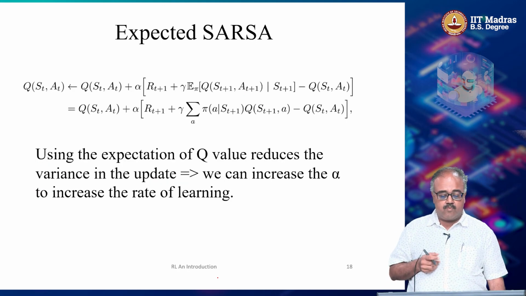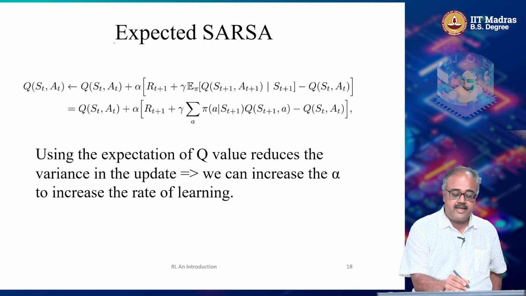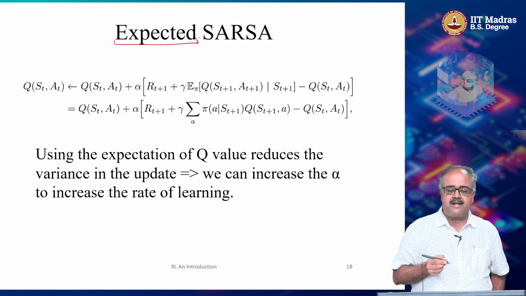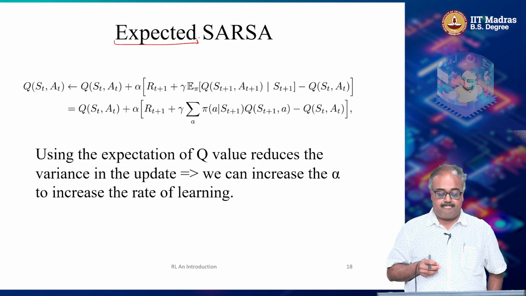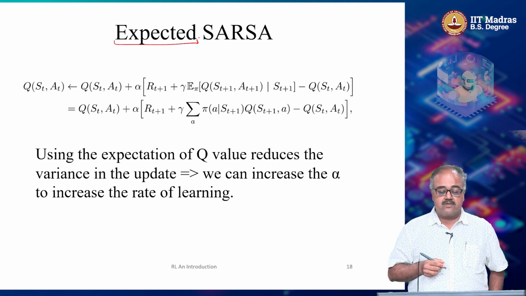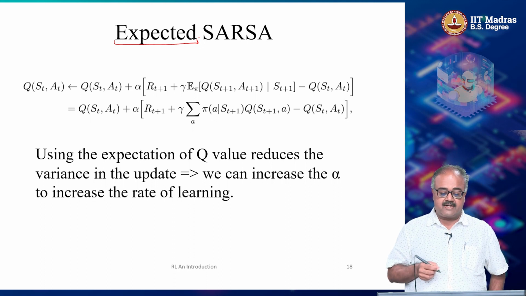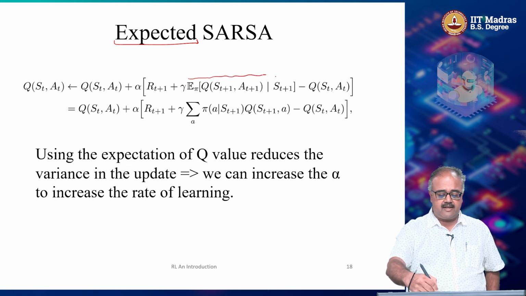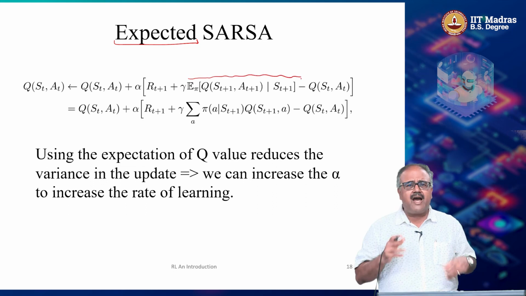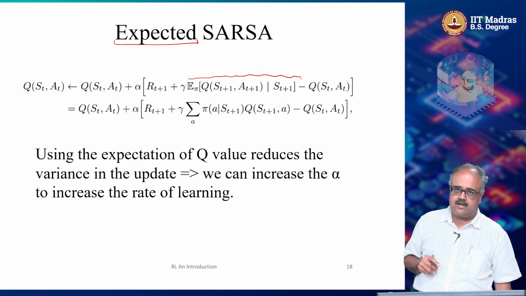So one thing that we can do is slightly expand SARSA and do an update which is called expected SARSA. So what is the meaning of expected SARSA? We are in some sense doing expected SARSA already.